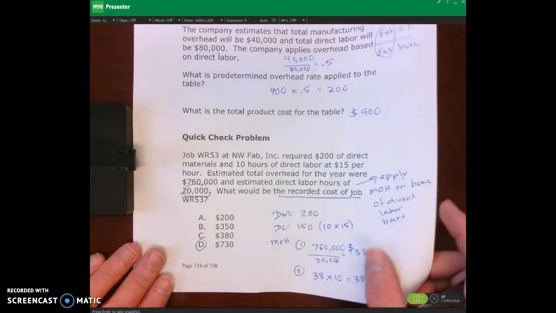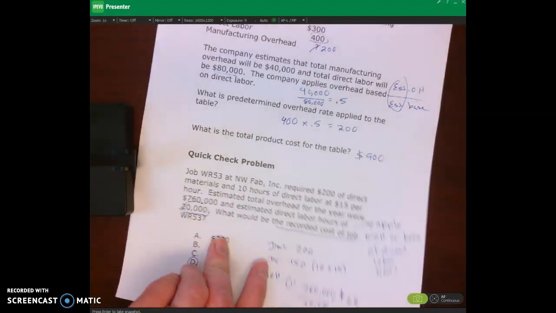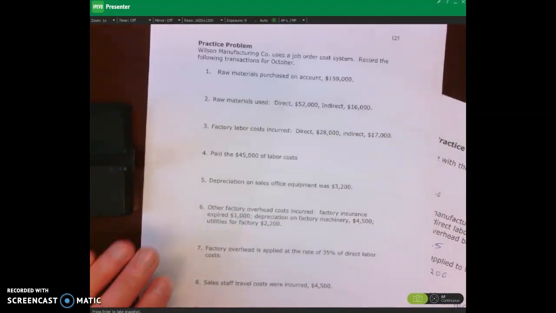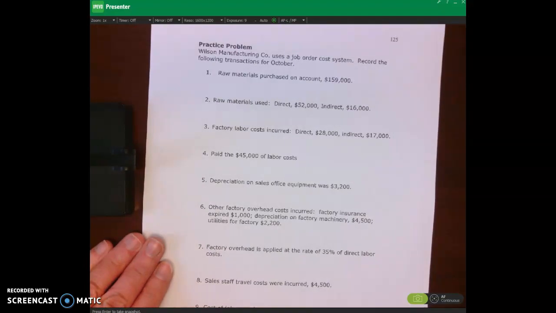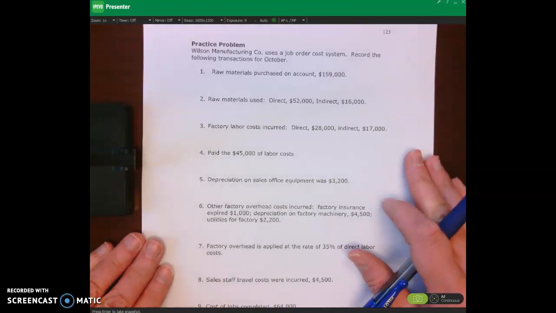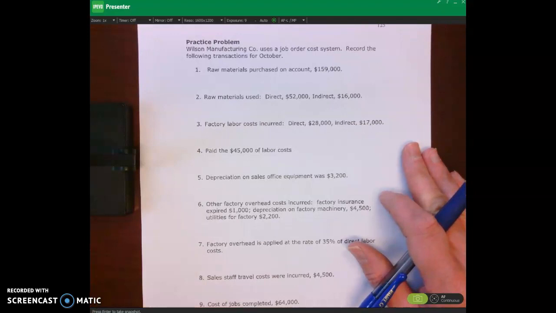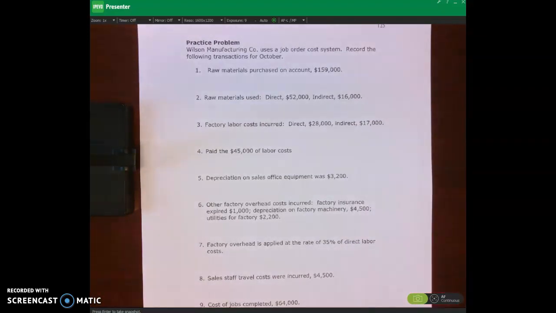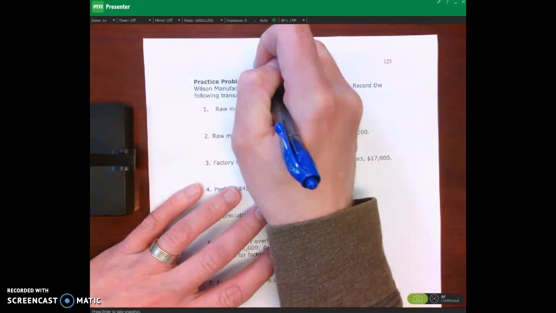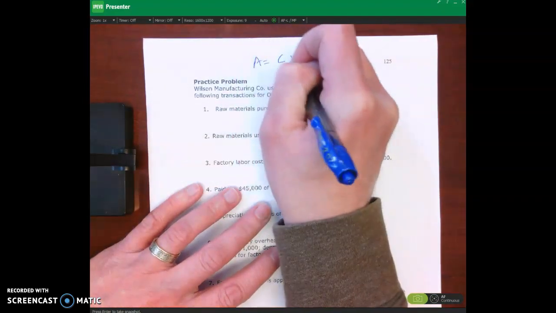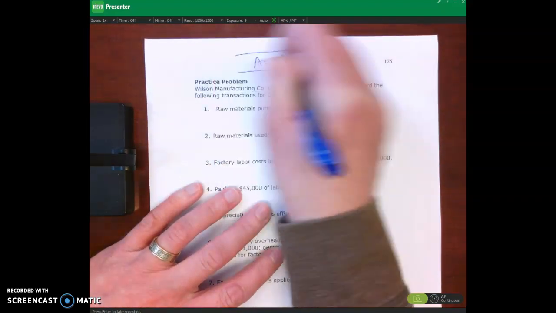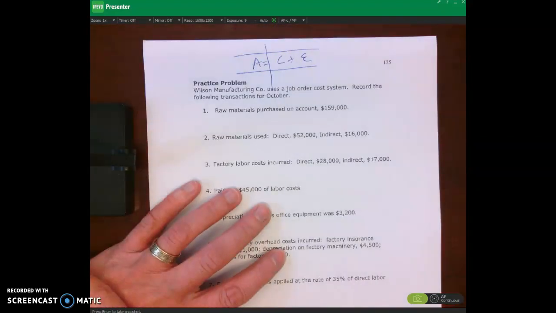Okay. So now let's look at some journal entries, and we have a practice problem over here with Wilson Company. Wilson Manufacturing uses a job order costing system, and let's record the following transactions for the month of October. So let's review the accounting equation pretty quickly. Remember, assets equals liabilities plus equity.